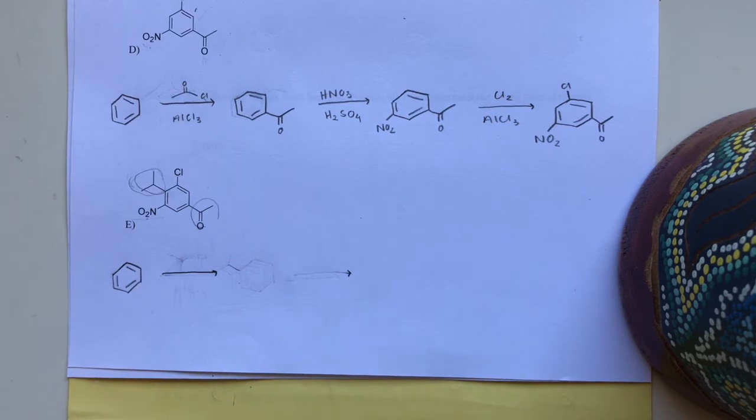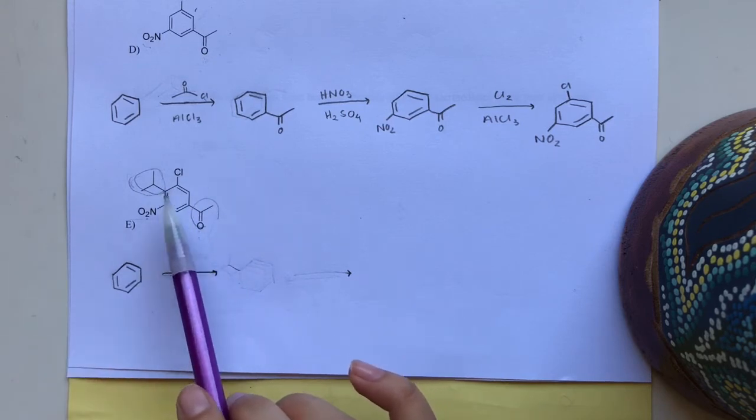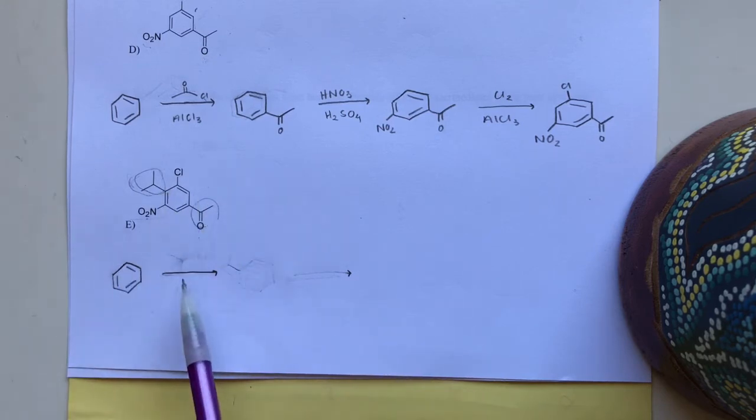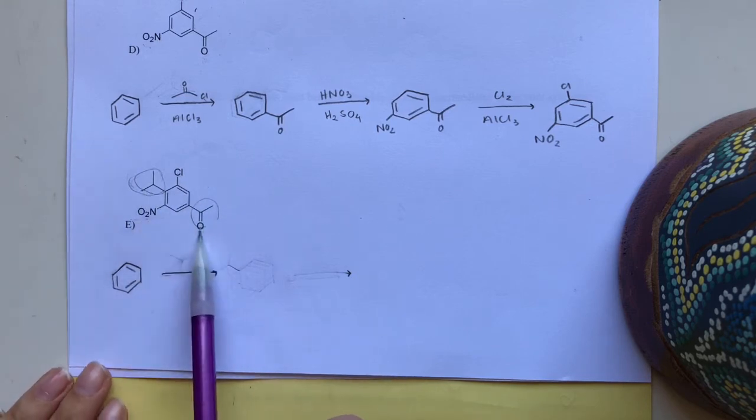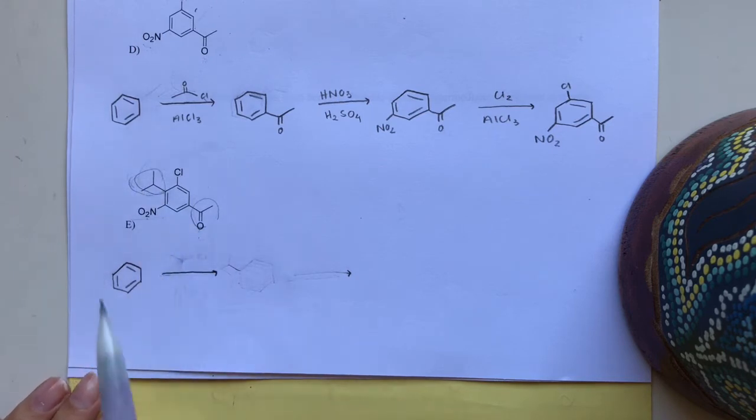Now, to determine which Friedel-Crafts reaction occurs first, we'll see that if we add the acylation, then the alkylation group has to add in the meta position, but it's not in the meta position. The acylation group is para from the alkylation group, so that tells us that the alkylation group has to occur first.